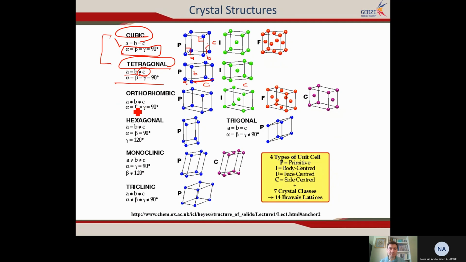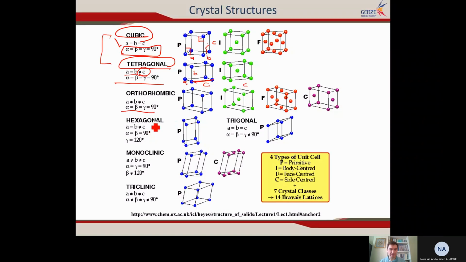And this is orthorhombic. In orthorhombic crystals, A and B and C are completely different from each other, but the angles again are 90 degrees. In hexagonal crystals, we have A and B equal to each other, and C is different from A and B. So I will go into detail with the hexagonal crystals later on.